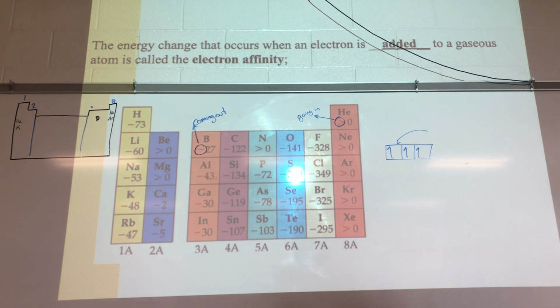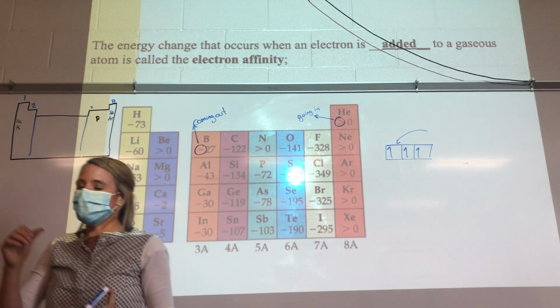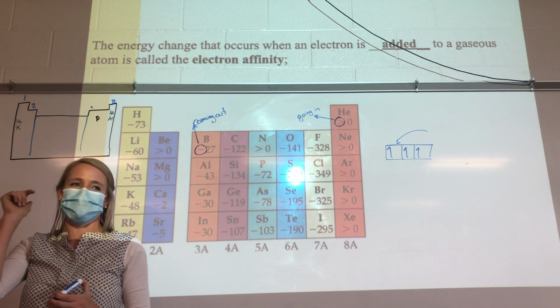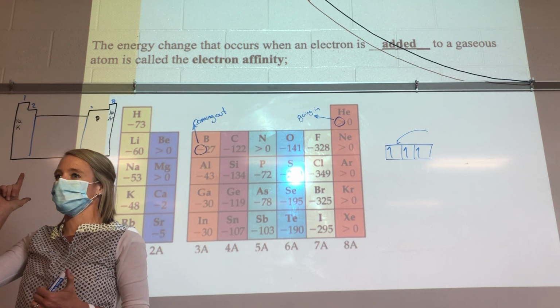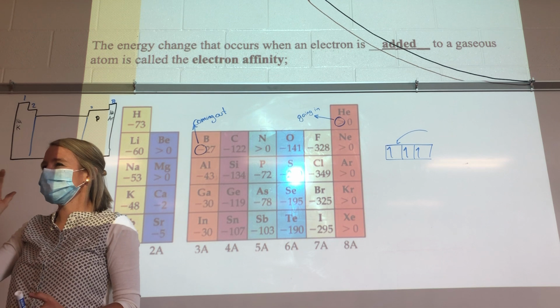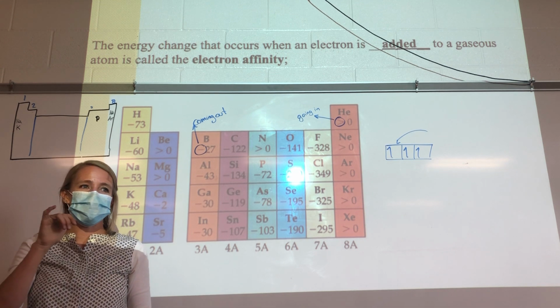I'll be honest, this is the least, I probably should knock on wood or I'm going to jinx us. But this is the least likely trend you'll be asked about on the AP test. It's not very trendy. I always see atomic radius, I always see ionization energy, and you always see electronegativity. But this one, pretty rare that it pops up.